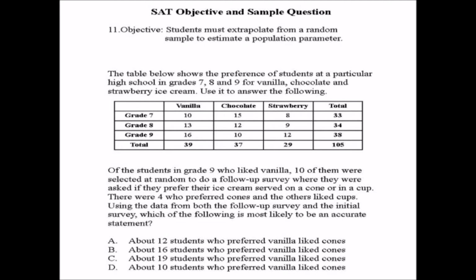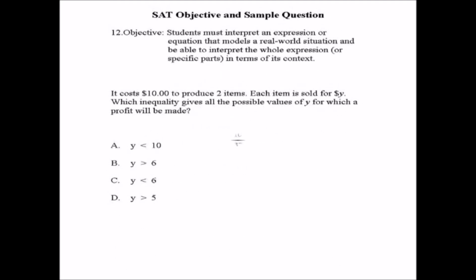Again, we're using a table. Got it? Number 12. It costs $10 to produce 2 items. Each item is sold for $Y. Which inequality gives all the possible values of Y for which a profit will be made? A, Y is greater than 10.